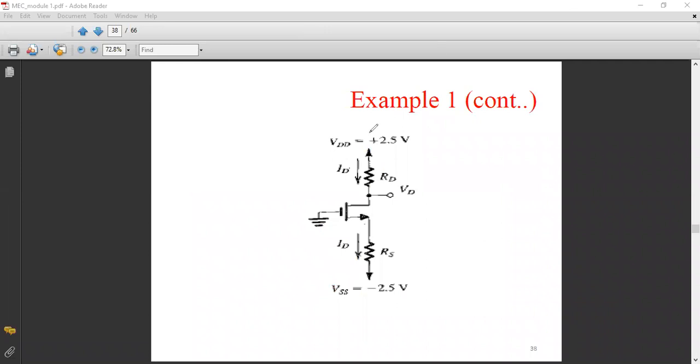So this is the circuit that we have. The circuit is given to you. So design means you are going to find the unknown values. Can anybody tell what are the things we need to find out from here? According to the question, you have to design the circuit. The circuit is already given, so design means what are the unknown parameters that you need to find from the circuit.